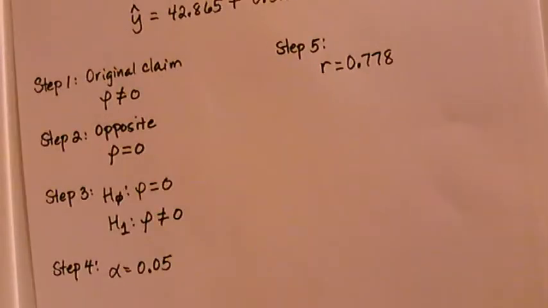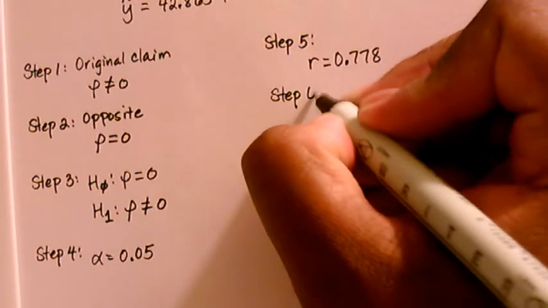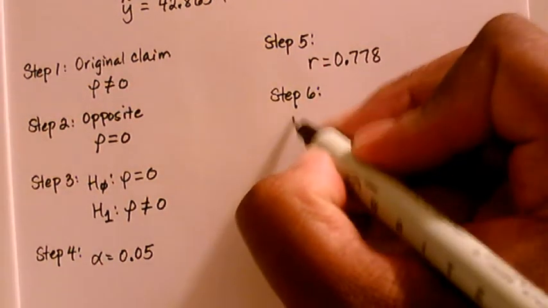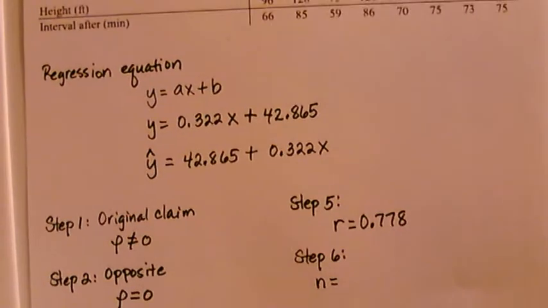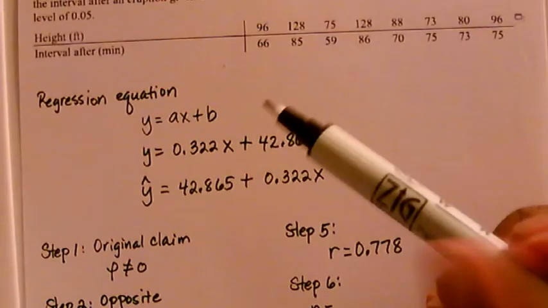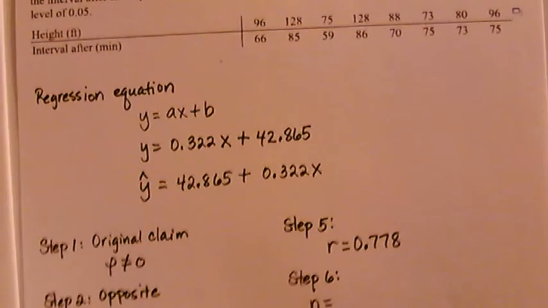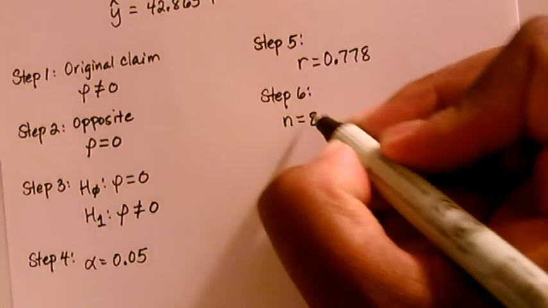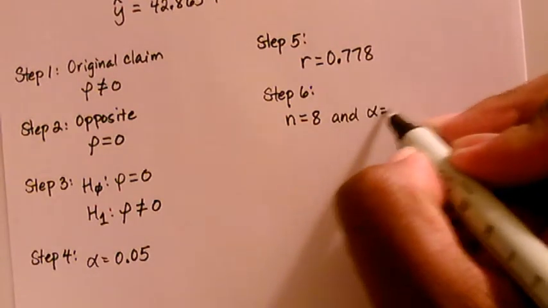Now step number 6, it'll be best to do the critical value approach because we know what R is. The only thing we need is this: N is the number of paired sample data. In this case, we got 1, 2, 3, 4, 5, 6, 7, 8 paired data values. So N is 8, and the alpha level is 0.05.